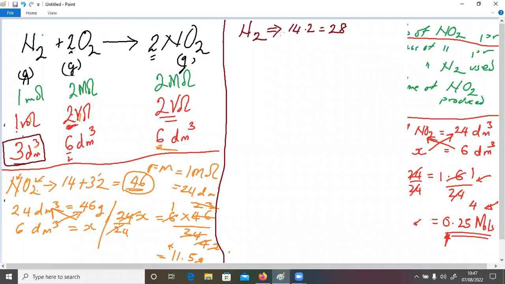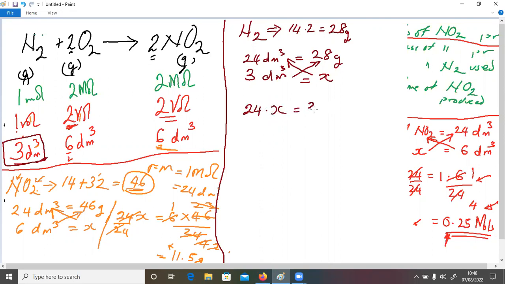Because we are dealing with the moles, we are putting them in grams. So I'm saying that 24 dm cubed of nitrogen must always weigh 28 grams. But if I have 3 dm cubed, those ones which took part in our chemical reaction, those will be equivalent to what? An x. Doing our cross multiplication, we are getting 24 multiplied by x is equal to 3 multiplied by 28.